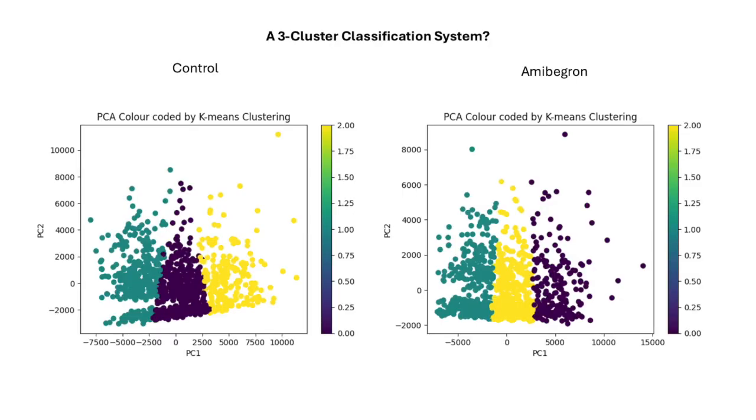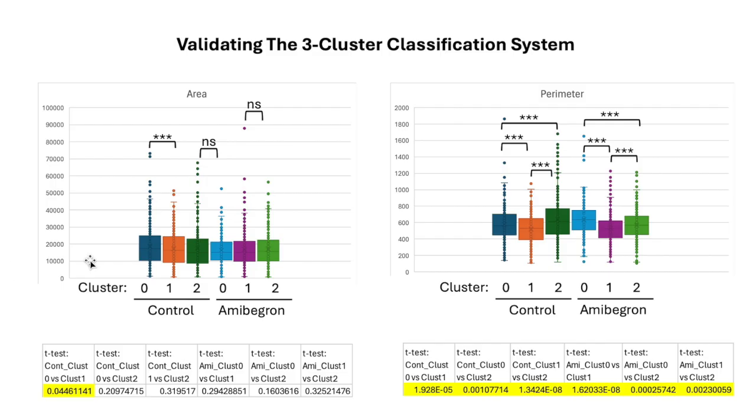But first, we wanted to validate the 3-cluster classification system, that is, comparing just these 3 clusters to each other. When we did so, we found that with area, only clusters 0 and 1 showed statistical significance.